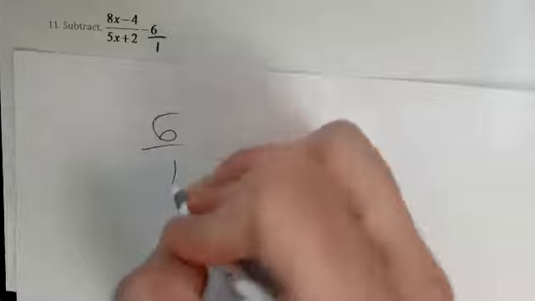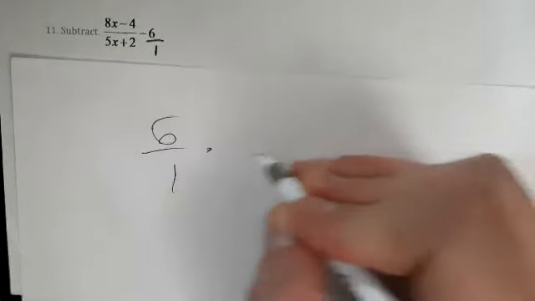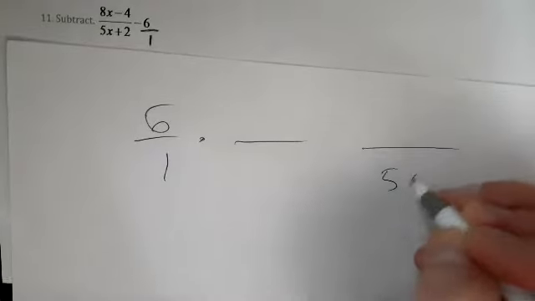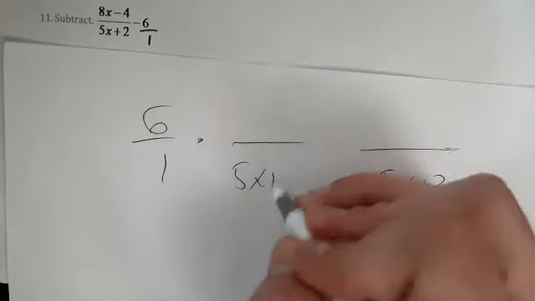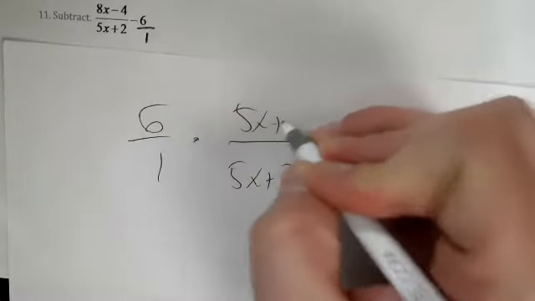And if I want the least common multiple between 5x plus 2 and 1, guess what it's going to be? It's going to be 5x plus 2. So we need to convert this 6 over 1. What do we multiply 1 by to get to 5x plus 2? Guess it.